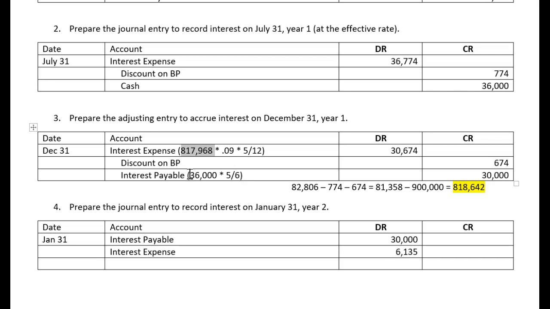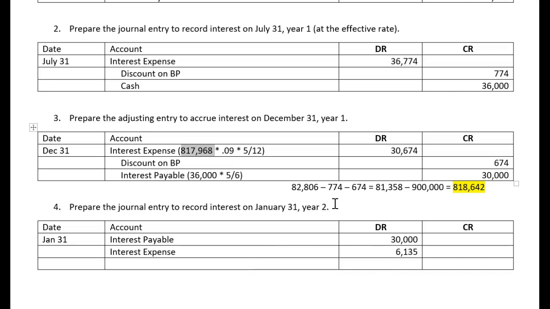Do the 817,968, multiply that by the 9% effective rate times 6 over 12. And you should get 36, let's see, hold on. Double check myself. So 817,968, times 9%, and then multiply that by 6/12, or 1/2. And what we'll end up with is 36,808.